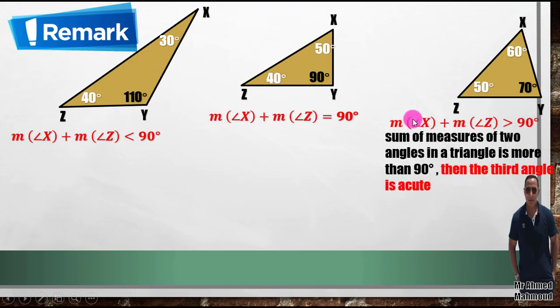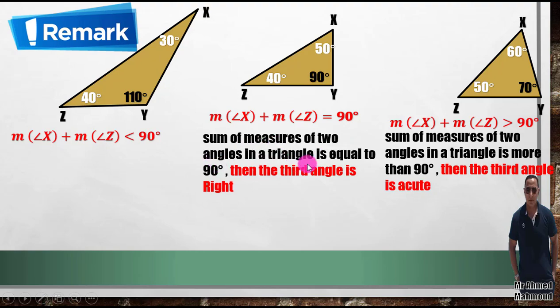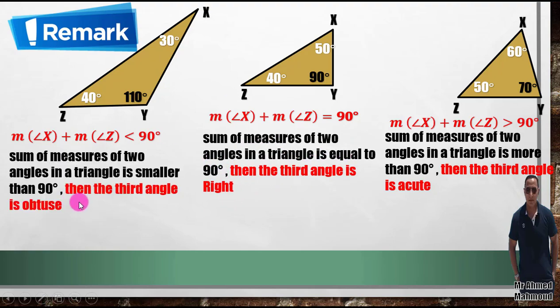So if the sum of two angles is more than 90, the third angle is acute. And if the sum of two angles equals 90, the third angle is right. And if the sum of measures of two angles in a triangle is smaller than 90, then the third angle is an obtuse angle.